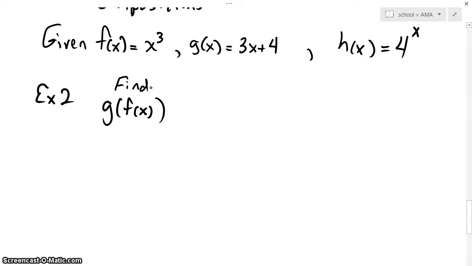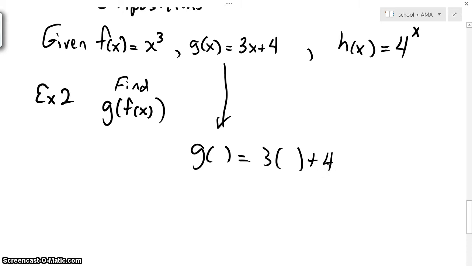We just have f of x itself. Now, remember we had g of a blank equaled 3 blank plus 4. I really like that because whatever we're putting into that space on the left will also go to the right. If I'm saying plug in f of x, well, that means I'm going to be plugging in f of x over here as well.